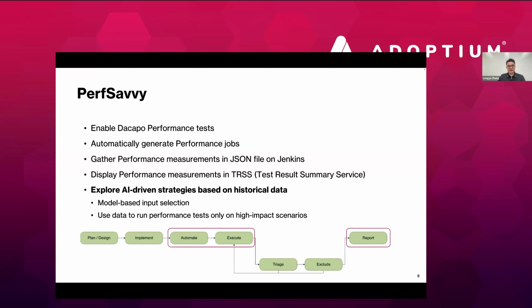TRSS, the test result summary service, is an important layer in our AQAvit test framework. And also we explored the AI-driven strategies based on the historical data, like using the AI models to do the input selections. And also we used the data to run the performance tests only on the high impact scenarios.